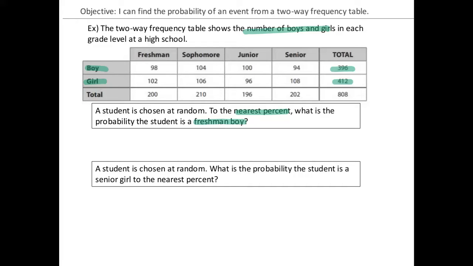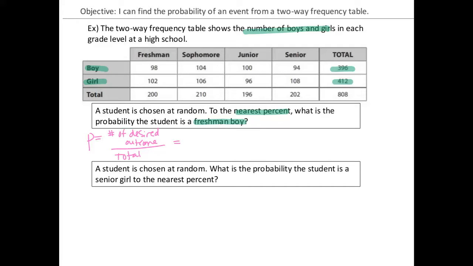So for this one, we would try to see the number of freshman boys. Remember, the probability is going to be the number of desired outcomes divided by the total. So in this case, what's my desired outcome?